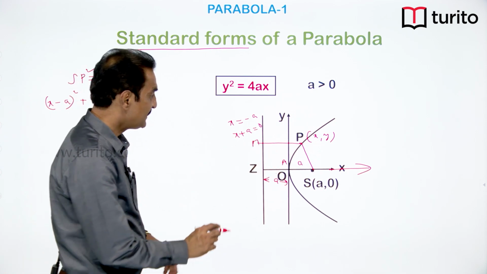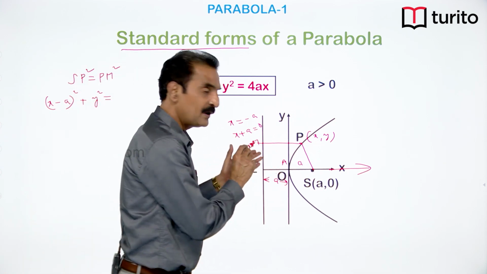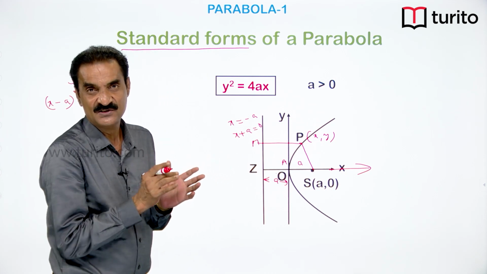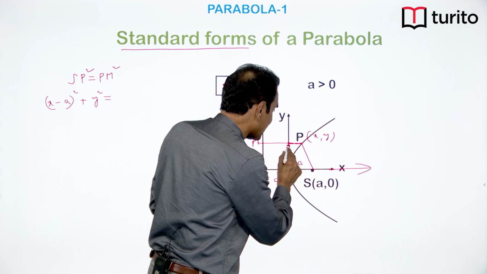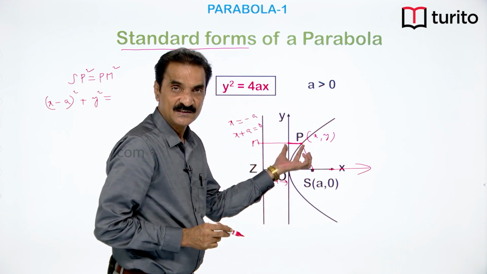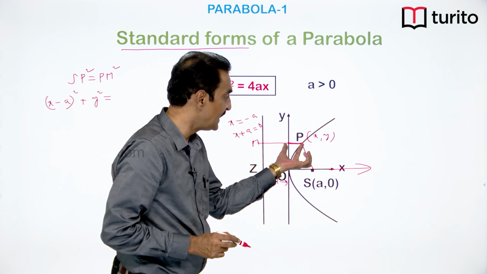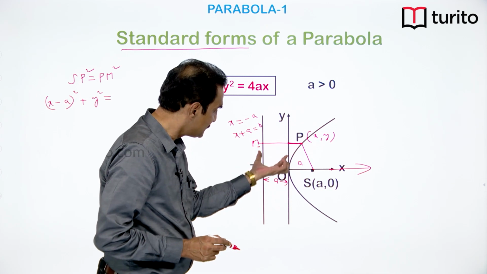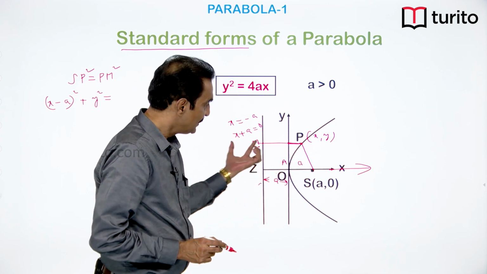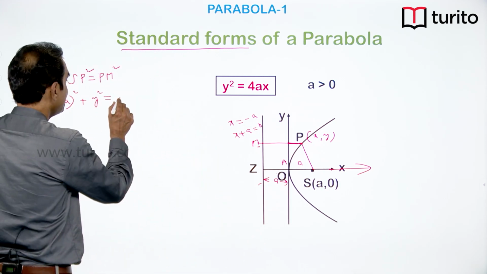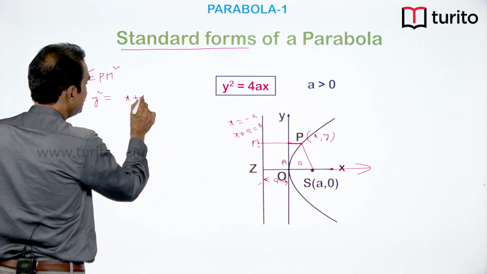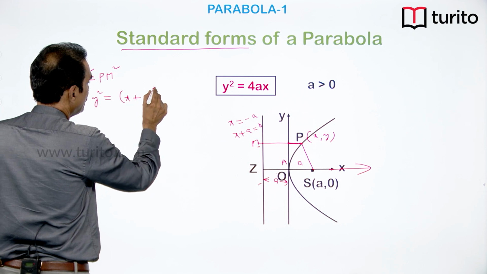For PM square, you need not apply the perpendicular distance formula. If this is (x, y), this length is x, the distance of P from the y axis is x, and this is a. So, distance PM is x plus a. So, this is equal to (x plus a) whole square.